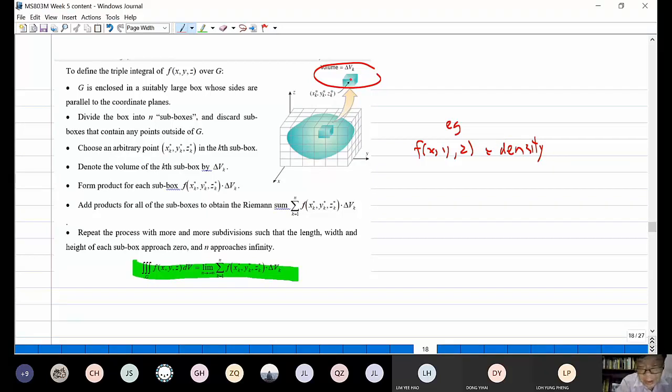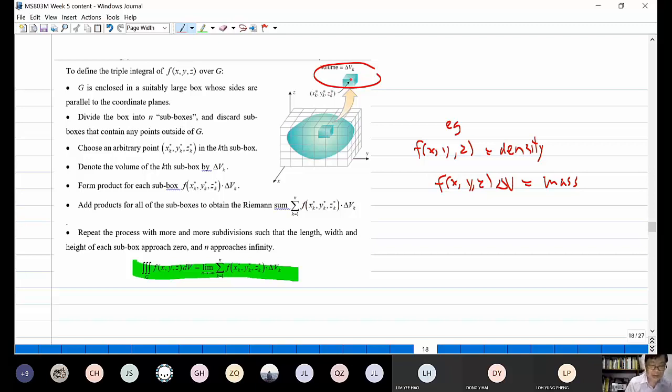So when you multiply f(x, y, z) by delta V, volume times density becomes the mass of that little cube. When you sum up all the little cubes, volume times density becomes the mass of the solid.